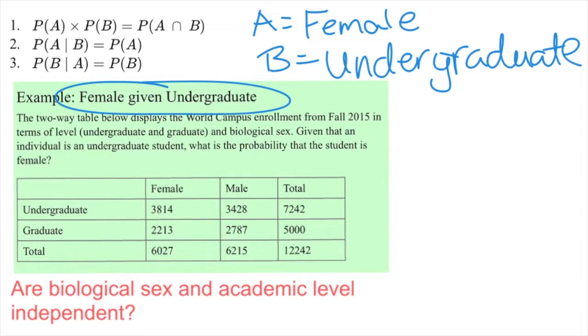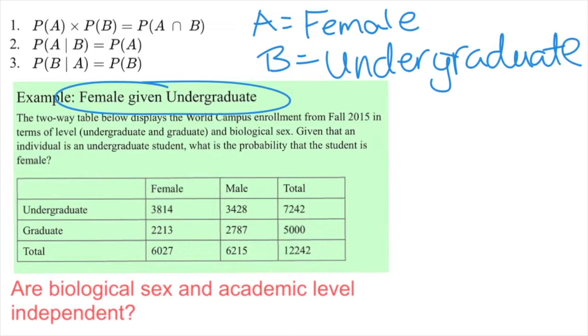Note, however, that you would get the exact same results if you called event A being male or event B being graduate, because male and female are complements, and undergraduate and graduate are complements. Your end result would be exactly the same, and I think that's where some of you are getting tripped up this week. This only works when the variable is dichotomous, so when there's only two levels.